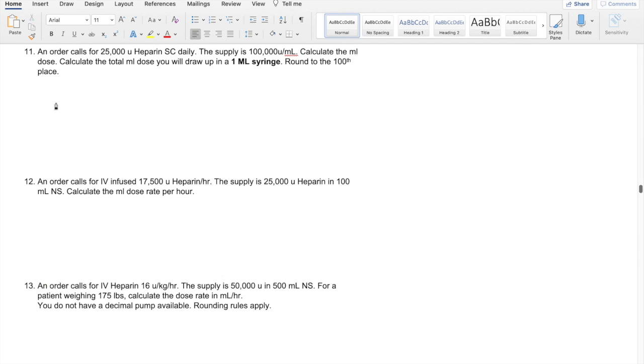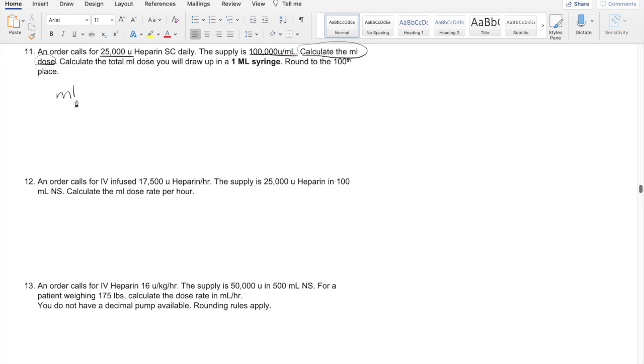Now on to the heparin questions. So number 11 states that an order calls for 25,000 units of heparin subcutaneous daily. The supply is 100,000 units over milliliters. Calculate the milliliter dose. Calculate the total milliliter dose you will draw up in a 1 milliliter syringe.